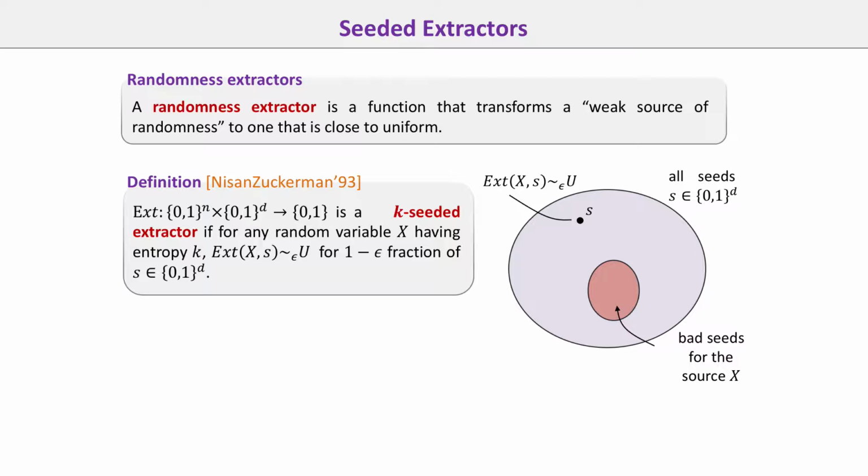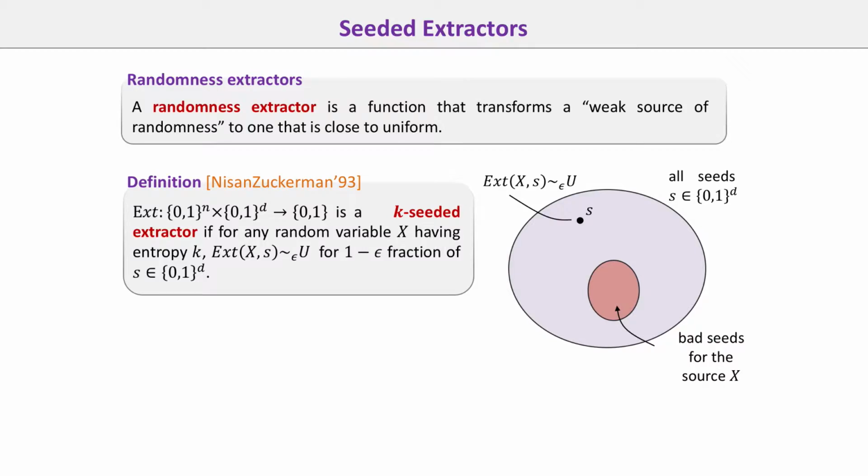If this is an extractor, then the density of this set within the big set is epsilon, an epsilon fraction of all possible seeds. What's a bad seed? It's not a good seed. And what's a good seed? It's any d-bit string such that if you apply the extractor with that specific d-bit string, you get something which is close to uniform.